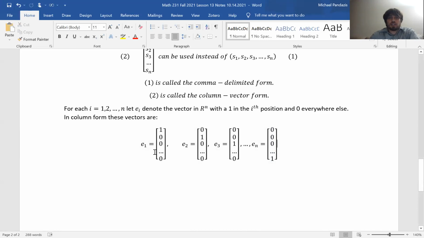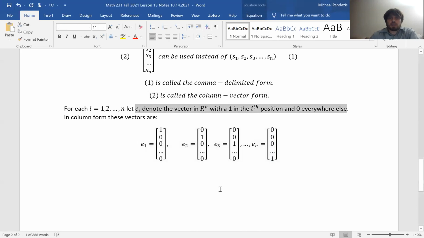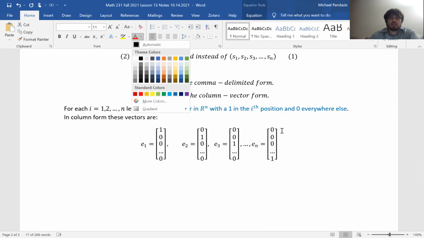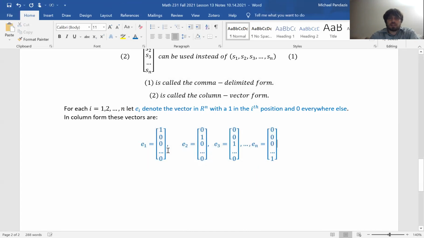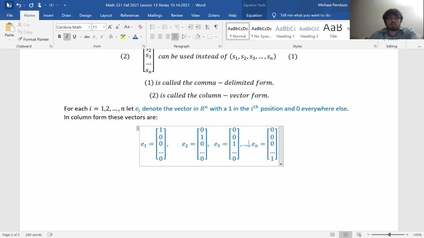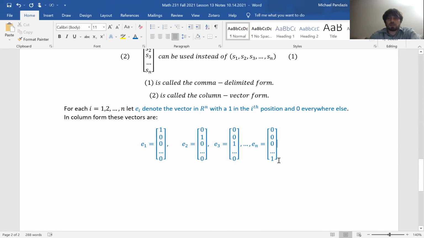So this is the notation for e sub i, and this thing in blue is describing all of that. e sub i denotes the vector in Rn with the 1 in the ith position and 0 everywhere else: e1, 1 in the first, e2, 1 in the second, e3, 1 in the third, en, 1 in the nth, and the zeros everywhere else.